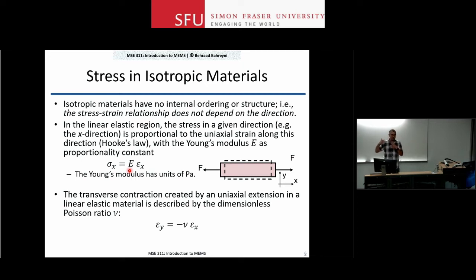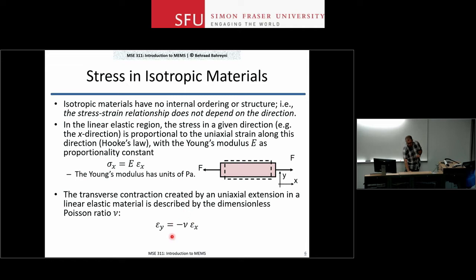Remember, strain is deformation, right? You have a strain in y direction when you apply a stress in x direction, or you apply a force in x direction. So the strain in x and y are going to be proportional to each other. You know, the more you stretch this material, you expect the other dimension to shrink more and more.